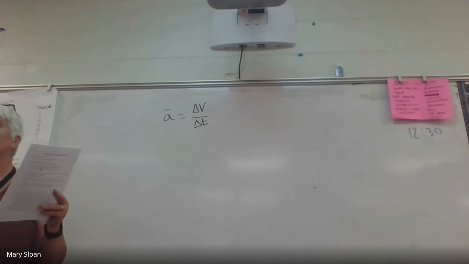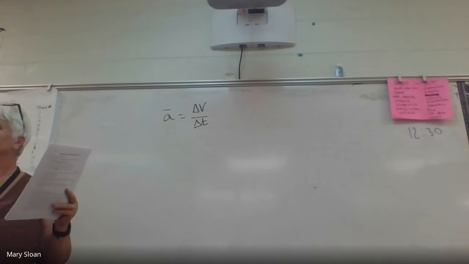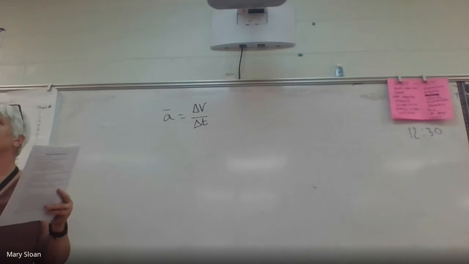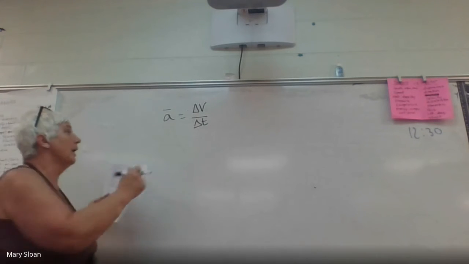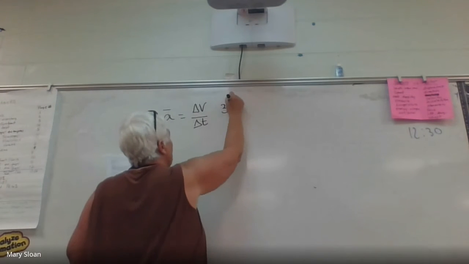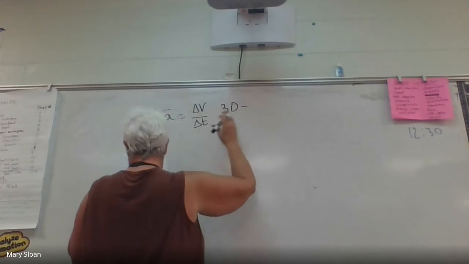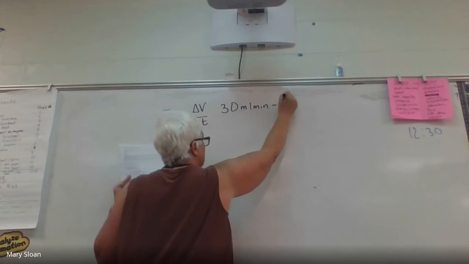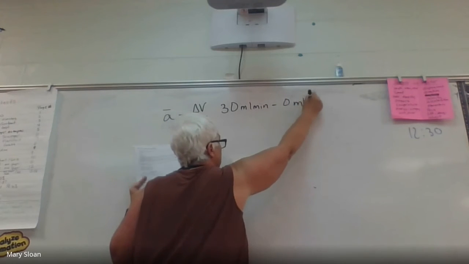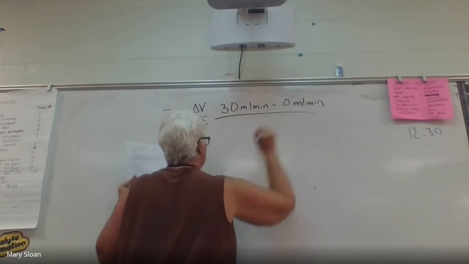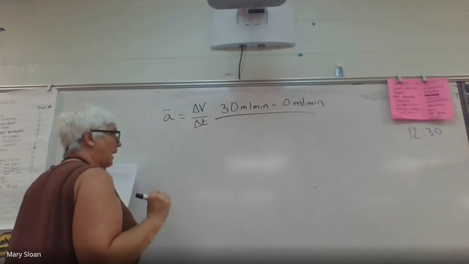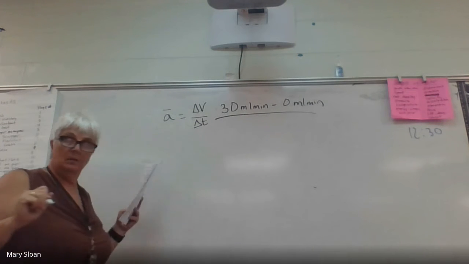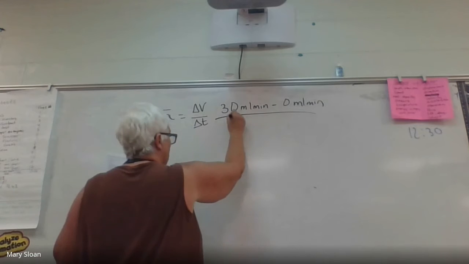Yes, ma'am, you have this whole problem. So what is the final velocity? 30, okay. So 30, what is my initial velocity? Meters per minute, right? 0 meters per minute. What is my time? How long? 5. Okay. What is my answer?